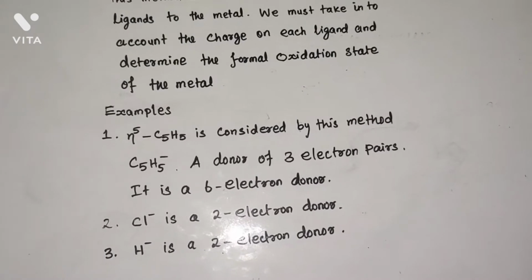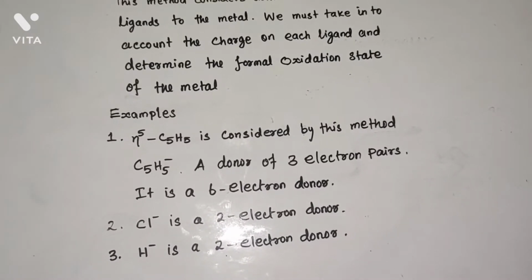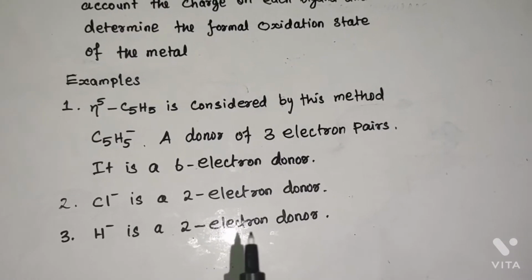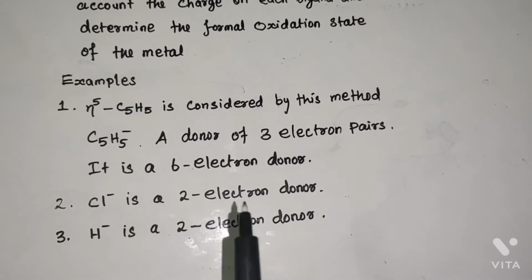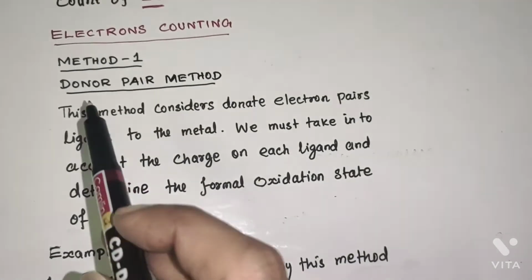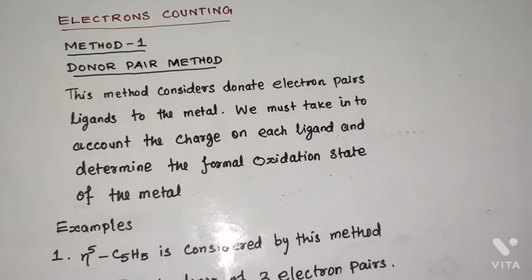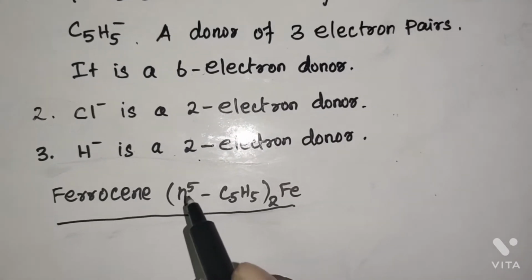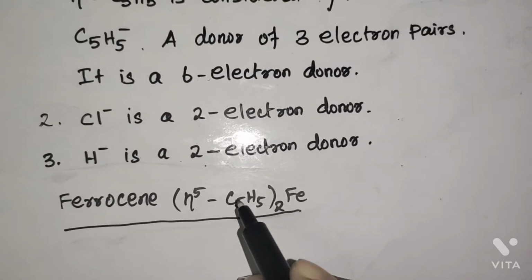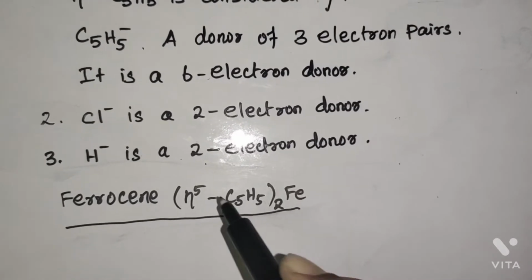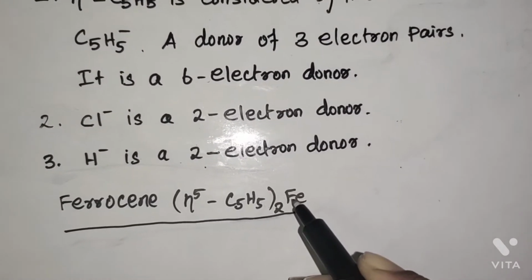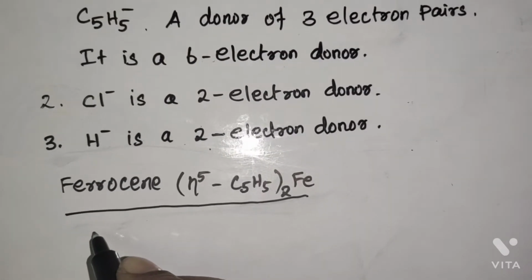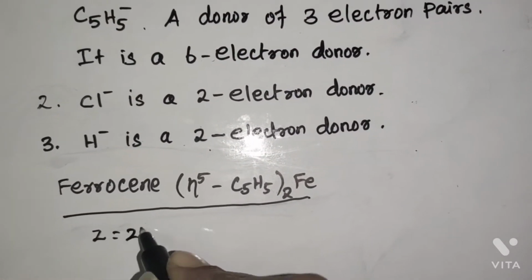Next, we are going to see method 2, the neutral ligand method. Now, I am going to count the total electrons present in the ferrocene compound using method 1, the donor pair method. The formula of ferrocene is (pentahaptocyclopentadienyl) twice Fe. The atomic number of iron is 26.